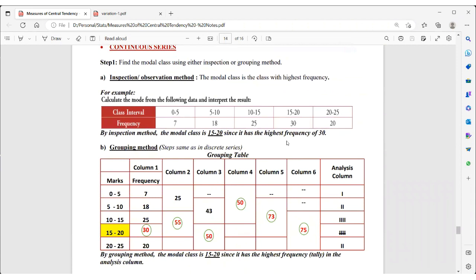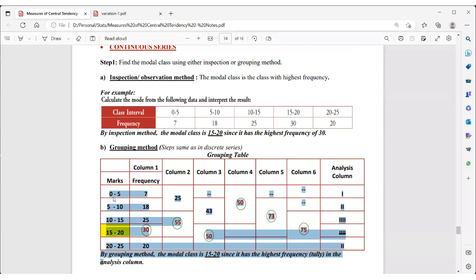Let me do this model class and by this grouping table, right? Now, we write the data marks. Then first column, second column, third, fourth, fifth, sixth column.